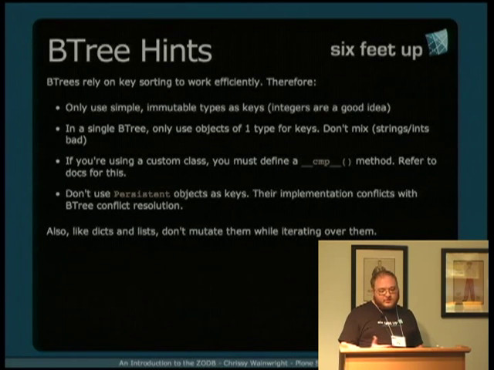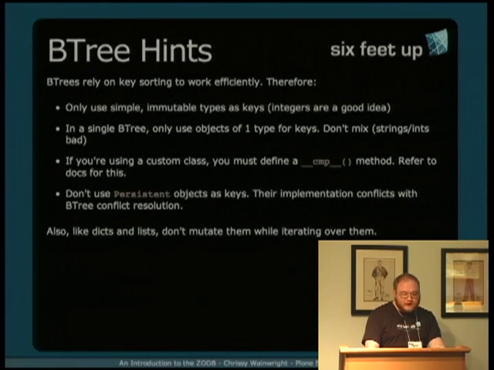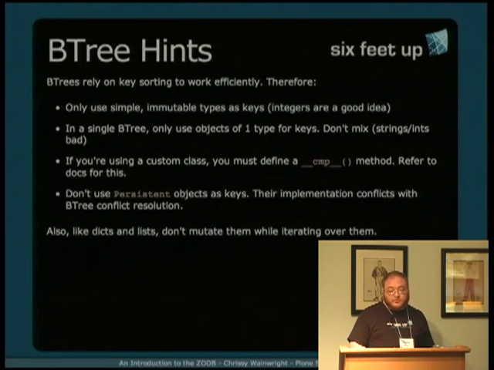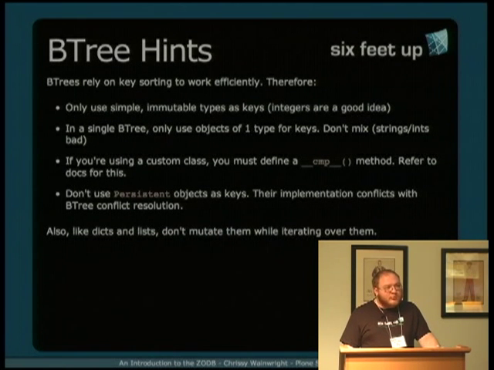It's using invariants that are inherent in the integer data type to go through the list and find exactly what you're looking for. And because of that, if you can't easily compare objects, like if you use multiple data types for your keys, so if some of your keys are strings and some of them are integers, you're probably going to get data corruption, and it's not going to know what to do with it. So once you're using some data type as keys into the BTree, just keep using that one.